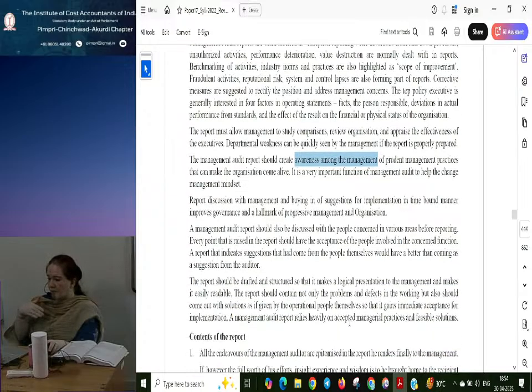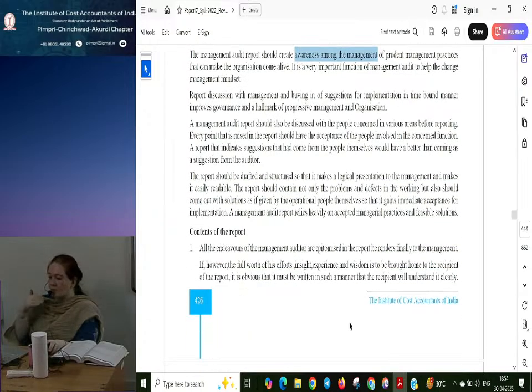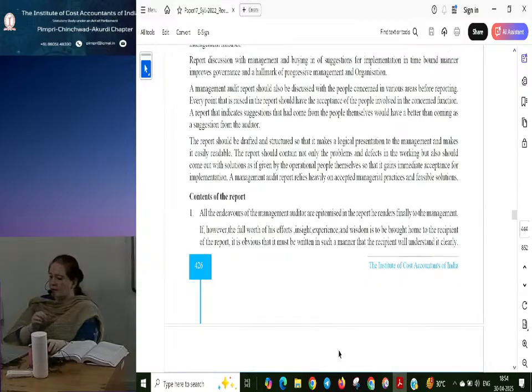Then, coming to the contents of the report, what is expected out of you? First, all the endeavors of the management auditor are epitomized in the report he finally renders to the management. Whatever insight, experience, professional expertise and wisdom he has are put together in the report.